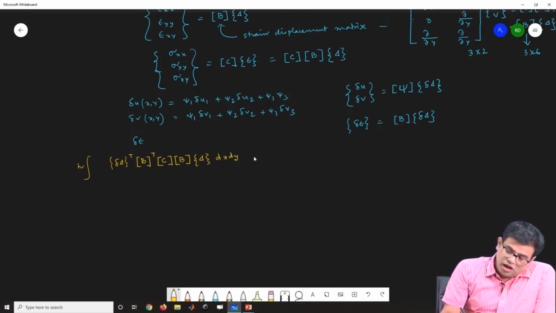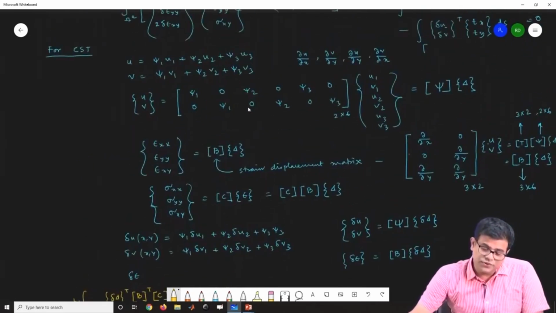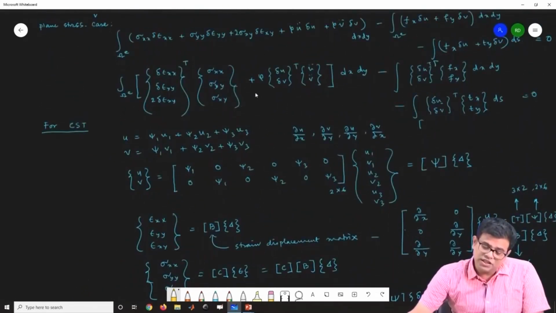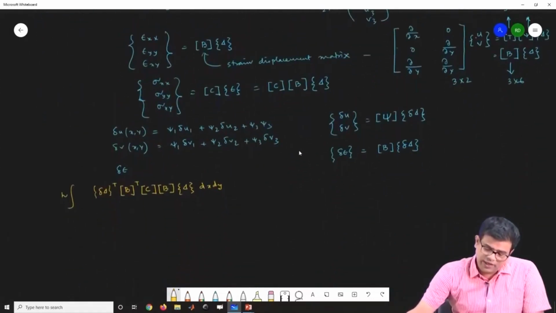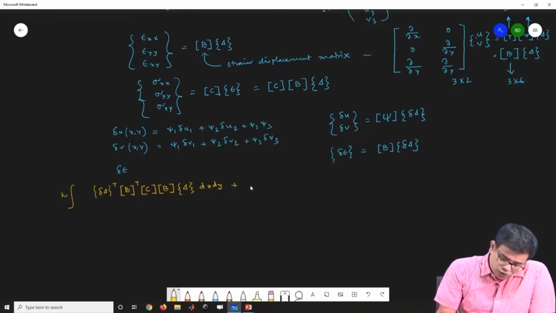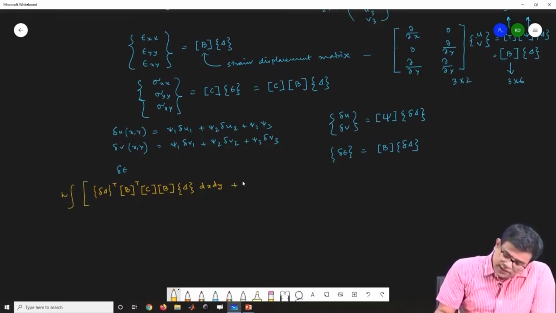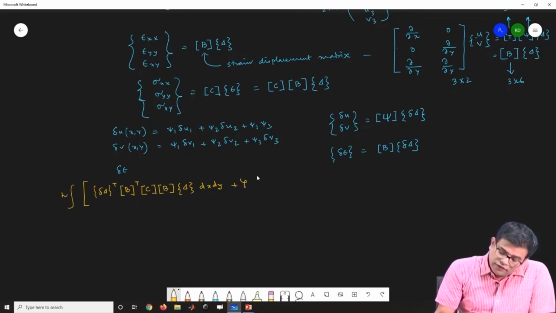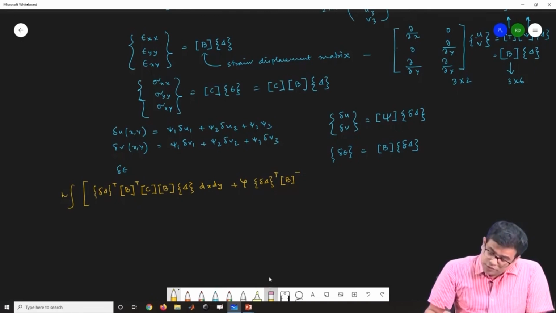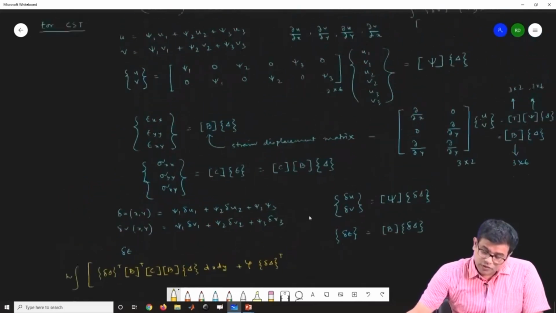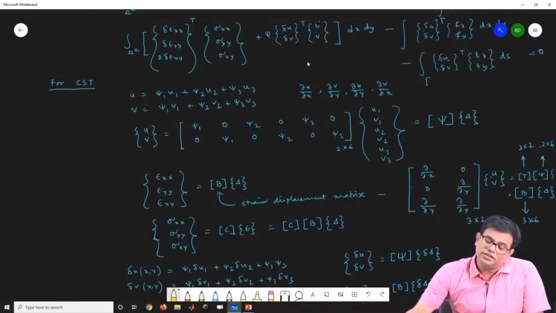And then I will get the inertia terms here. So plus rho, and delta u is psi delta, so delta transpose, sorry, not B transpose, psi transpose, because this is nothing but delta u delta v transpose.